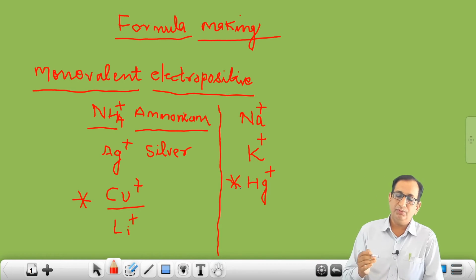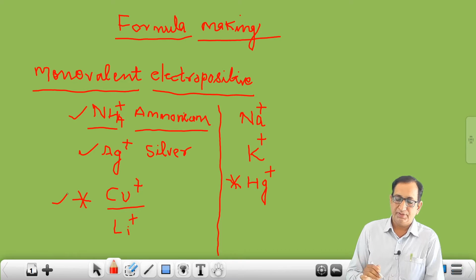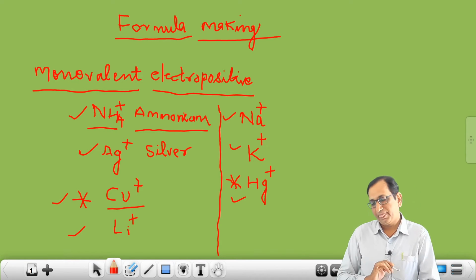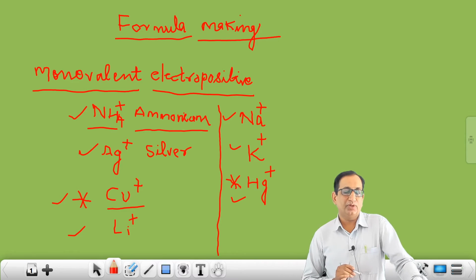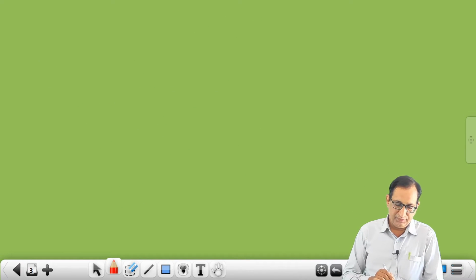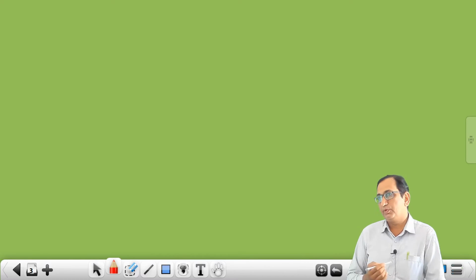This list I have told you: ammonium, silver, cuprous, lithium plus, sodium, then potassium, and then mercurous. So it was about the monovalent electropositive ions, and now we will see after mono.